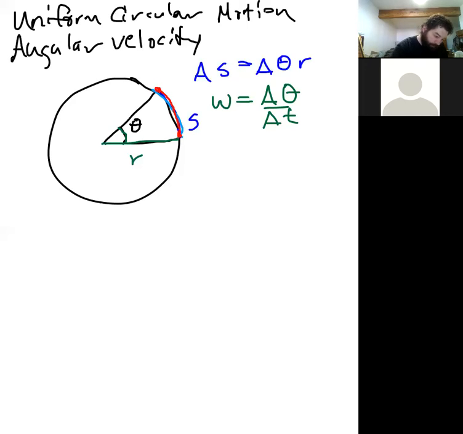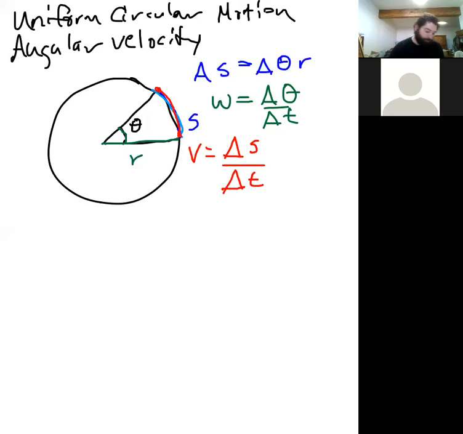I'll do red, since that's what I do. So the velocity is going to equal delta S over delta T, just the same as x or whatever distance.